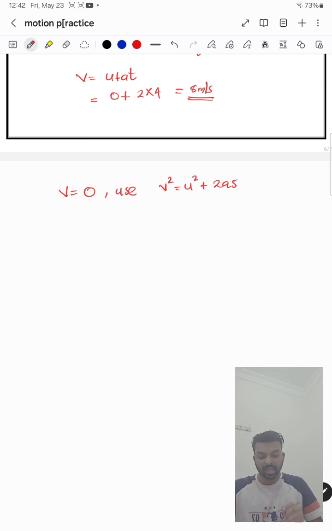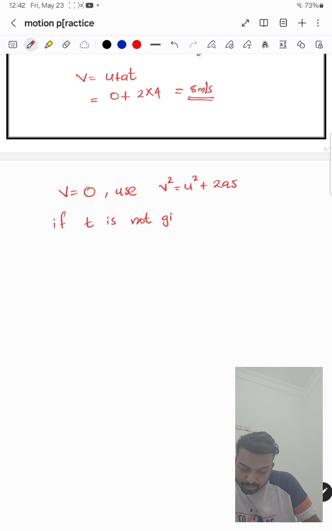Use this equation. If v is a value which is not 0, you can use the other equations. Now one more thing: if t is not given, use the same equation, v square is equal to u square plus 2as.